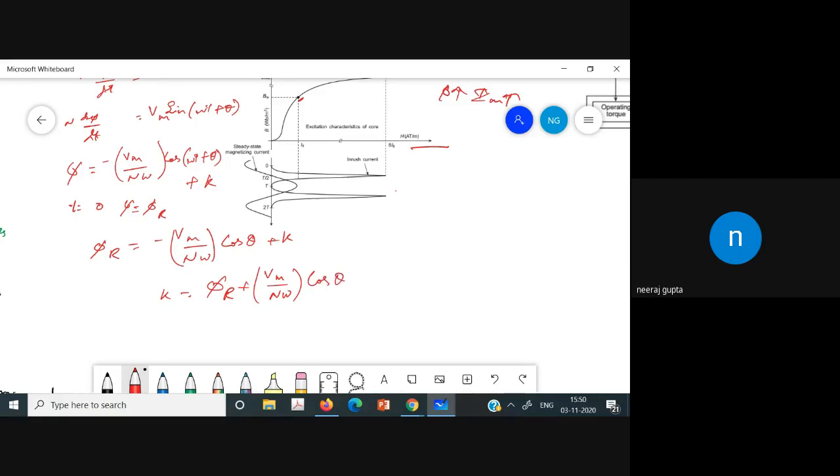cos of theta. So we get the value of k, and the final expression for the flux of the transformer during the initial condition can be obtained by substituting the value of k.